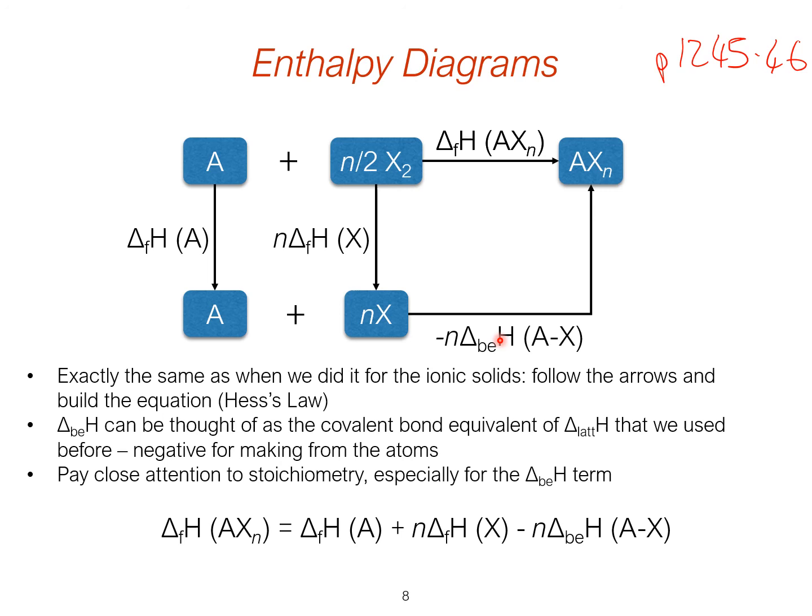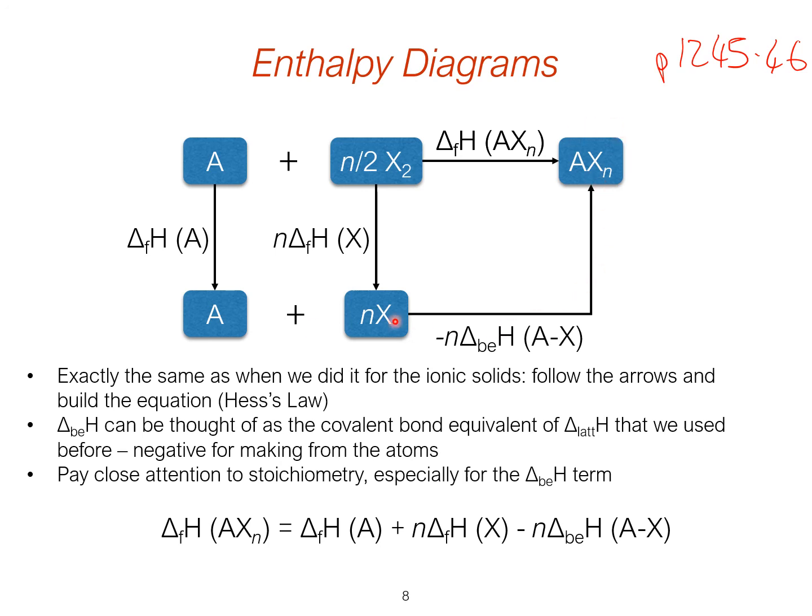Now the other thing to think about is this term here, delta BEH. So this is the bond enthalpy of what's being formed, and the bond enthalpy can be thought of as the covalent bond equivalent of the lattice enthalpy that we used when we were looking at ionic structures. So it's essentially how strong a bond is, the energy released when a bond is broken.